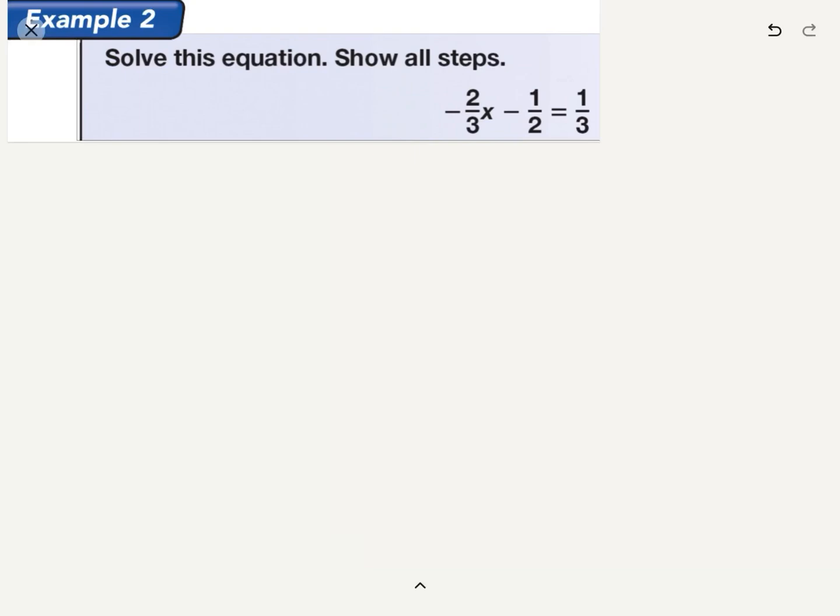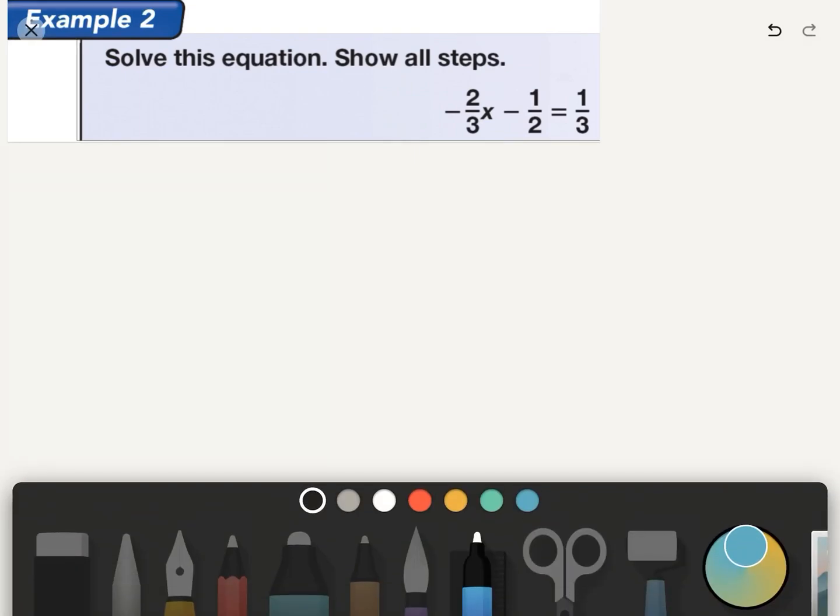Example 2. Okay, doing this with fractions, which means basically about the same thing, except we'll be busting out the reciprocal. So once again, I'll write this and speak it out. So negative 2/3 times x minus 1/2 equals 1/3.